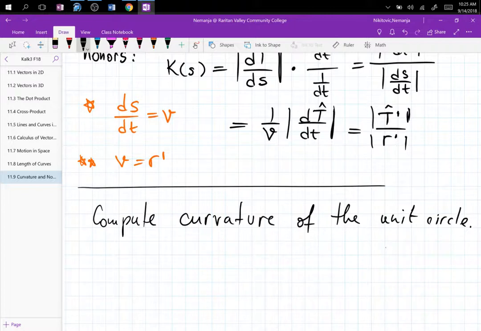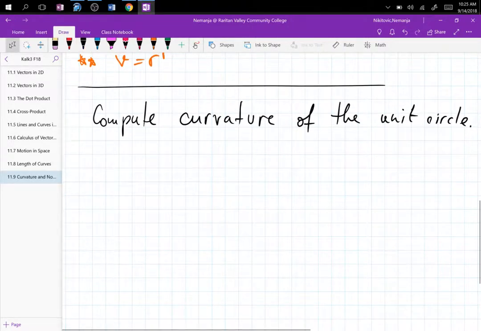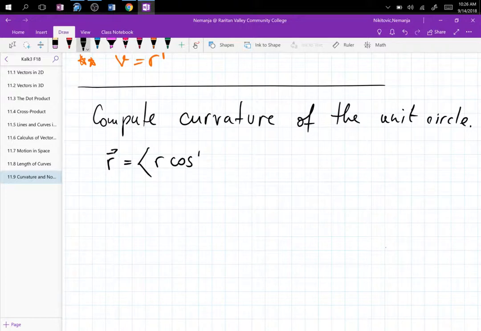What is the parameterization for the unit circle? What are the parametric equations for the unit circle? So what is the r? R cosine t, and R sine t. So this is a circle in general, because this is for any R, right? Any radius.